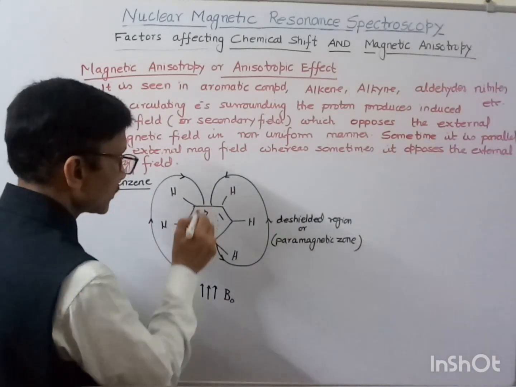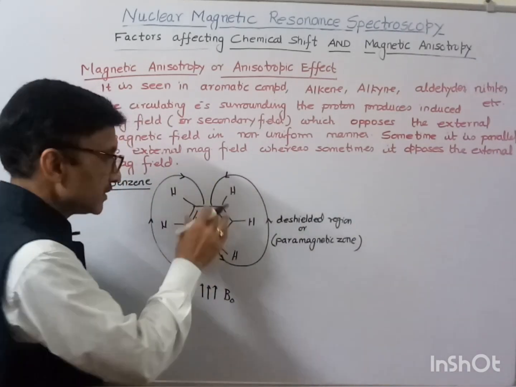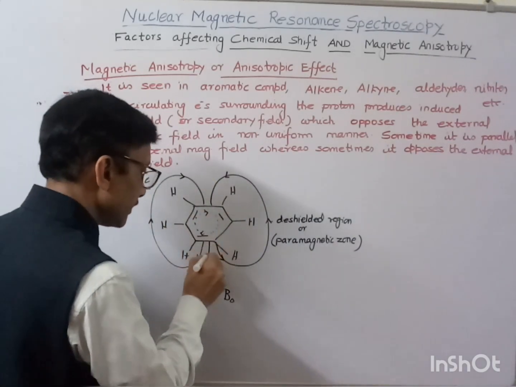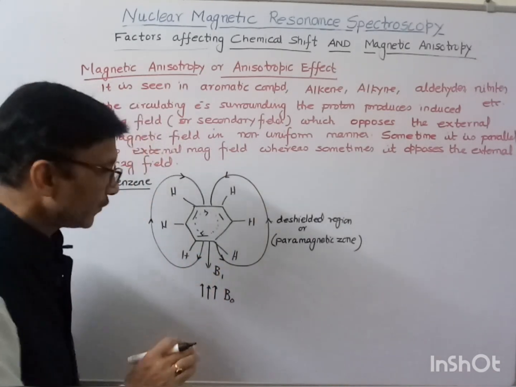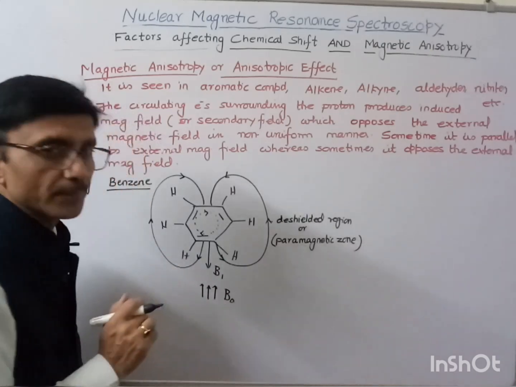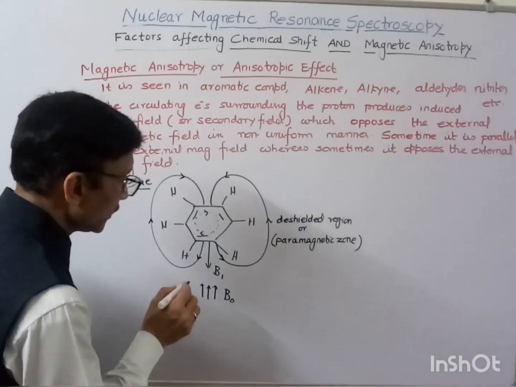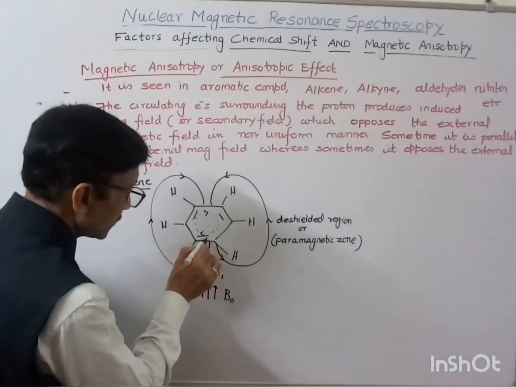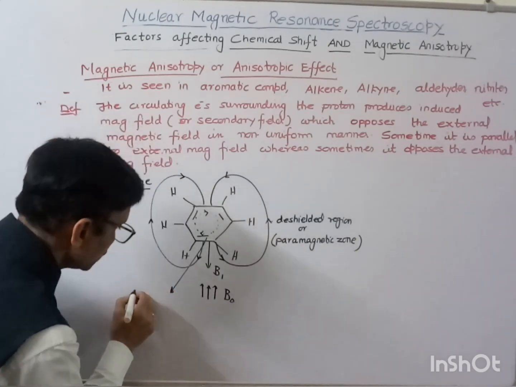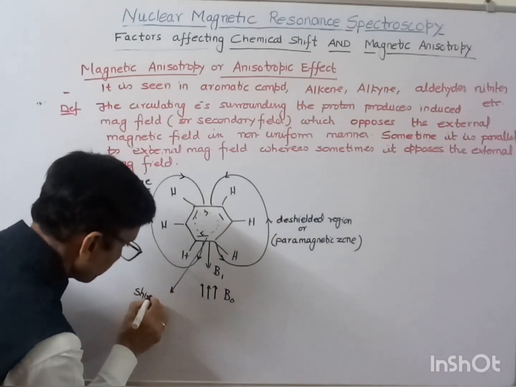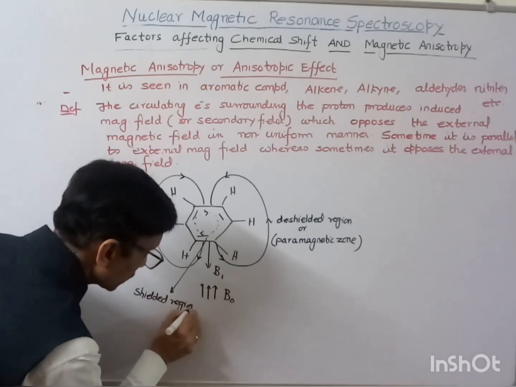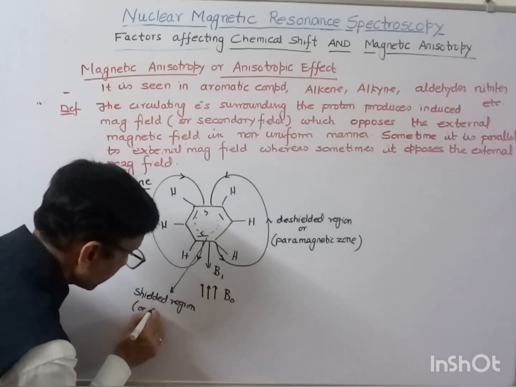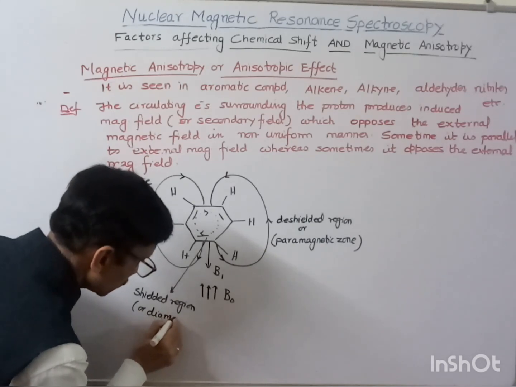Now, suppose this is the induced or secondary magnetic field. Inside the ring it opposes the external magnetic field, so we may call this region a shielded region, or a diamagnetic zone.